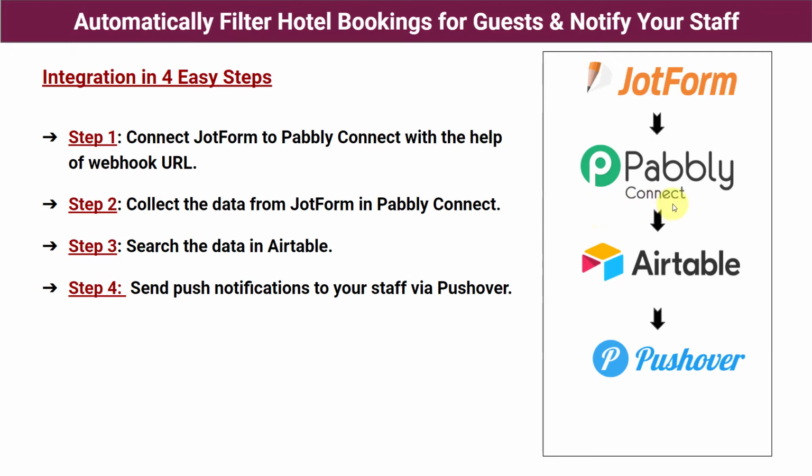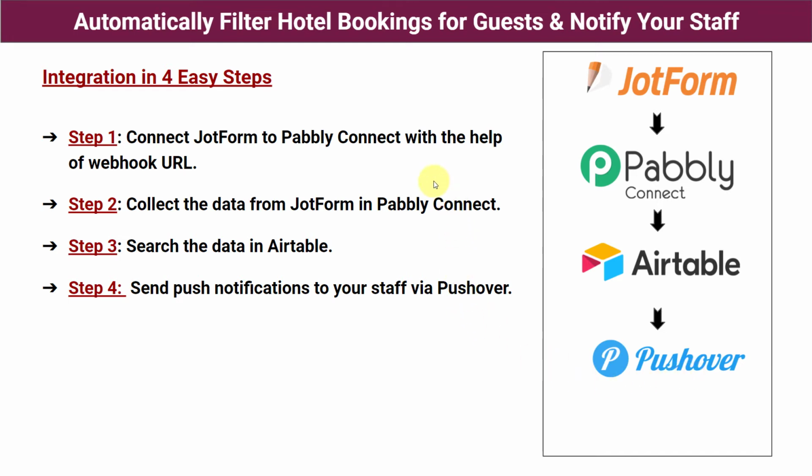Now the data we have received here in Pabbly Connect, we are going to search to see if this data is in Airtable or not. Then finally, if the person is in the Airtable blacklisted list, we are going to send push notifications to our staff via the Pushover application.